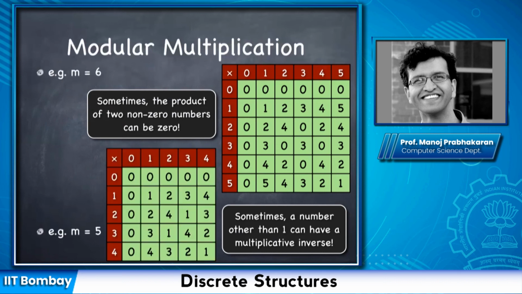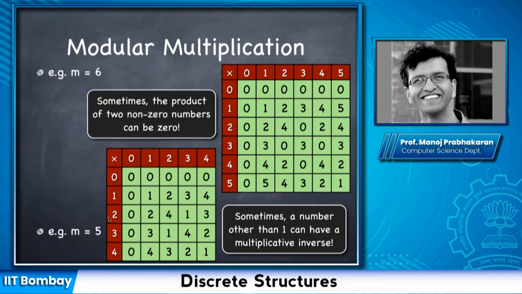Here is the example m equal to 5, and here it's even more interesting. All elements other than 0 have multiplicative inverses. So 2 times 3 is 1, and 4 times 4 is 1. If you thought of this 4 as actually minus 1, then minus 1 times minus 1 is 1, so maybe that's not that surprising.